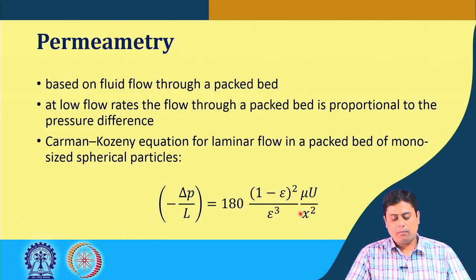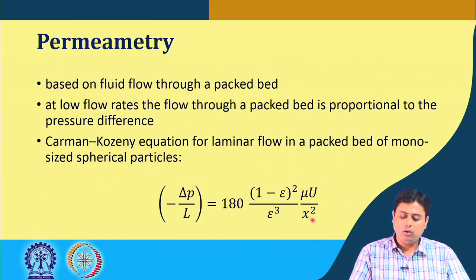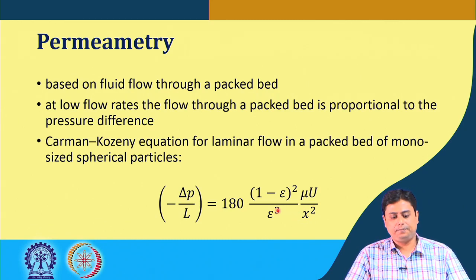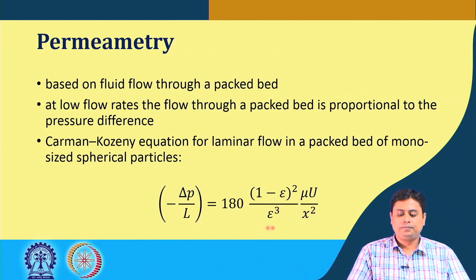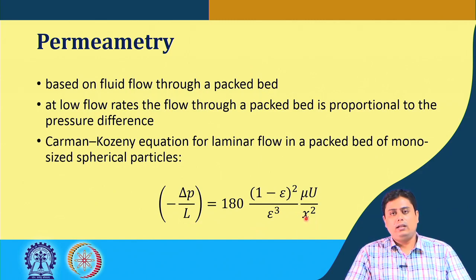You do it multiple times, plot the graph, and you can find the mean value of x. In fact, if this is a mono-sized particle, the calculation becomes much easier: for a particular flow rate you estimate its pressure gradient across the bed, use this relation and get the value of x, which is the particle size.